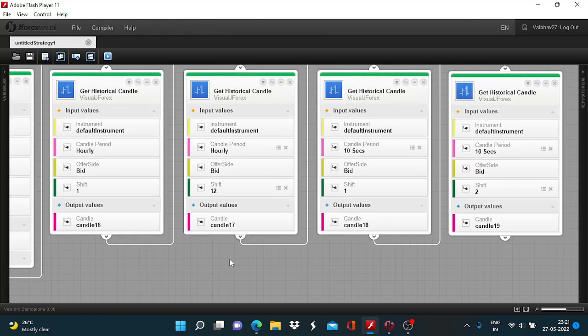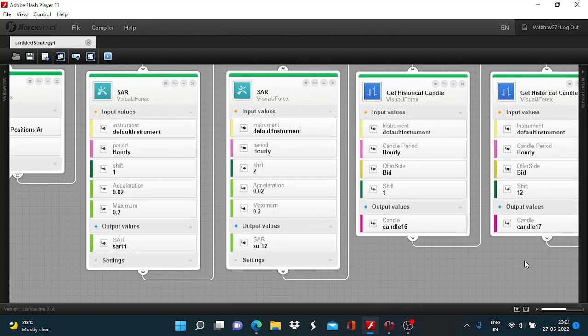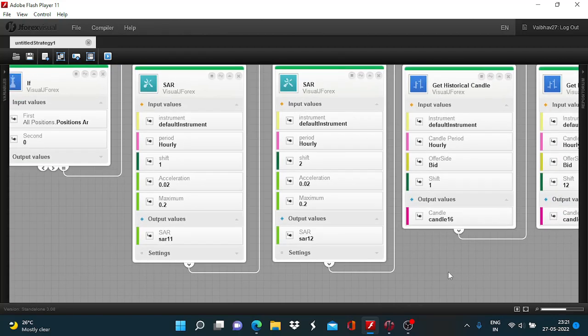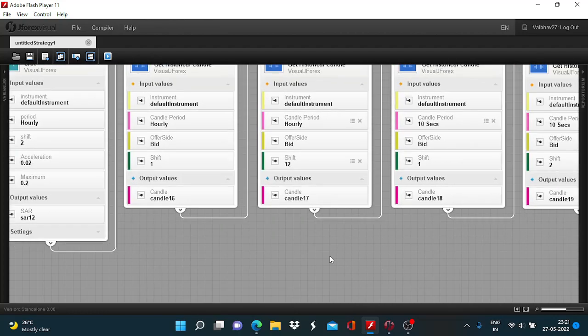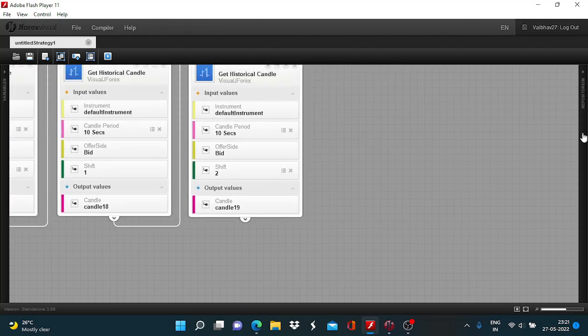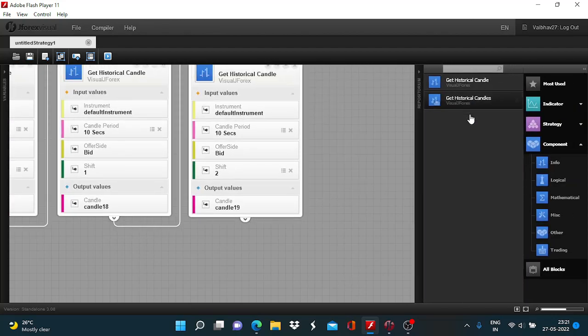Then we have to consider the difference between these SAR output. So for that I will get calculation expression block, mathematical component.